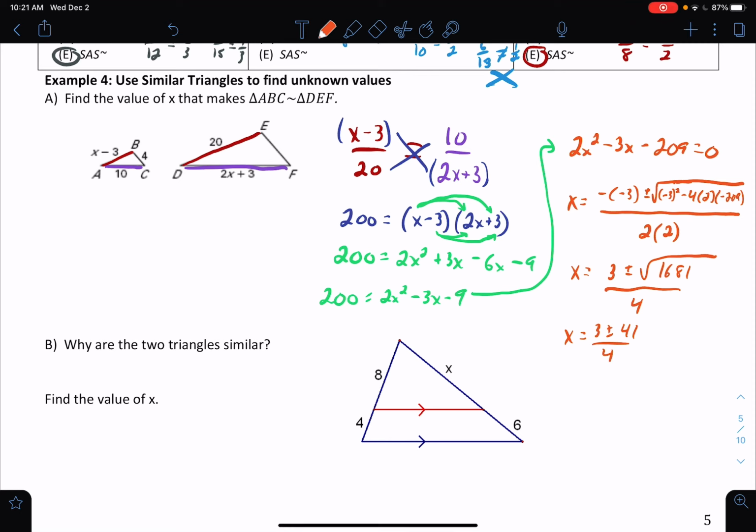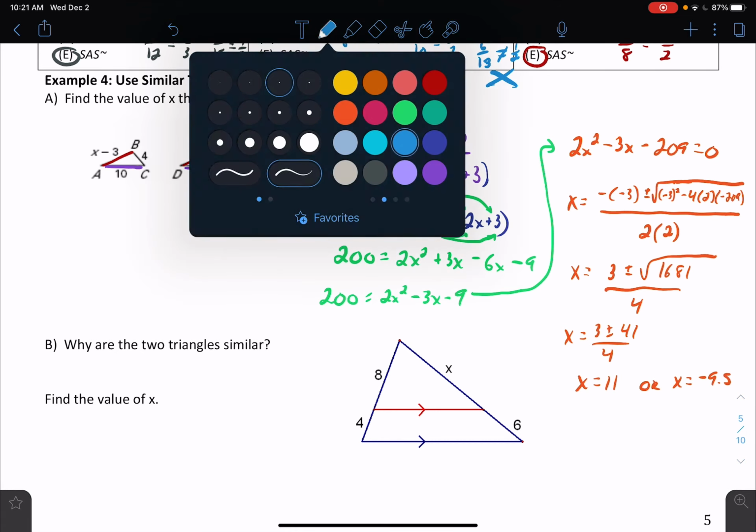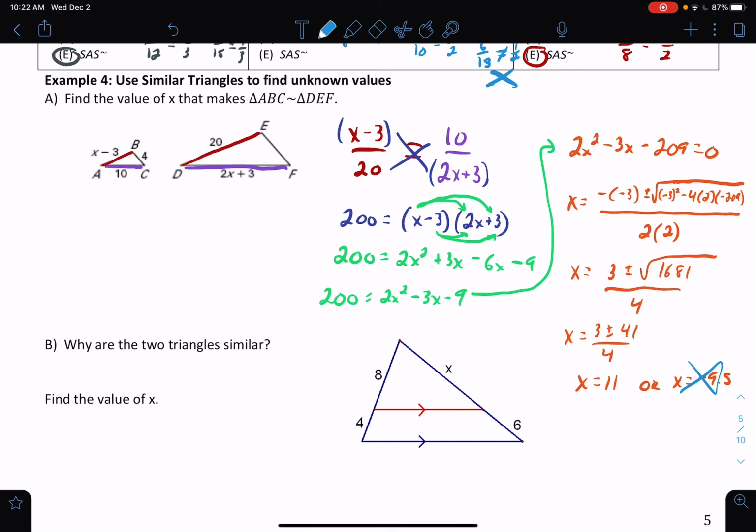So if I simplify this then, 3 plus 41 is 44. 44 divided by 4. So x could equal 11. Or x could equal 3 minus 41 divided by 4, which is negative 9.5. All right, x equals negative 9.5 doesn't work because that's going to make my side lengths negative. x equals 11 does work.